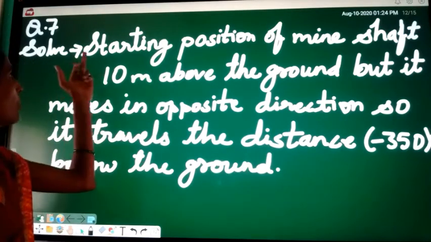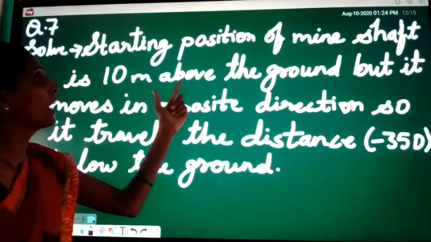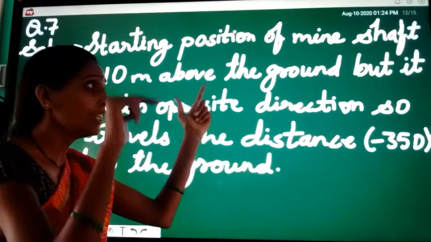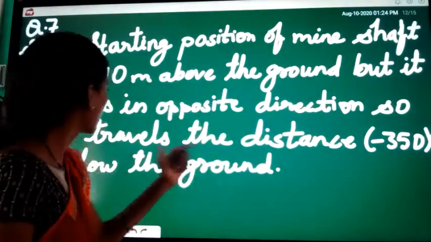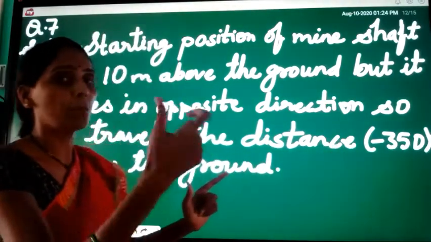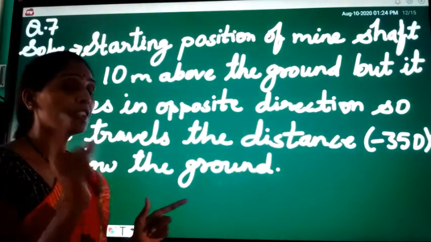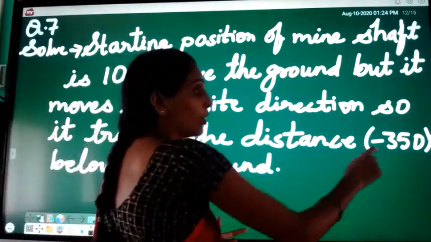Okay. So the starting position of the mine shaft is 10 meters above the ground. But it moves in the opposite direction, it is going on the opposite side. And as I taught in the previous class, for the opposite side we use a negative symbol with the integer.